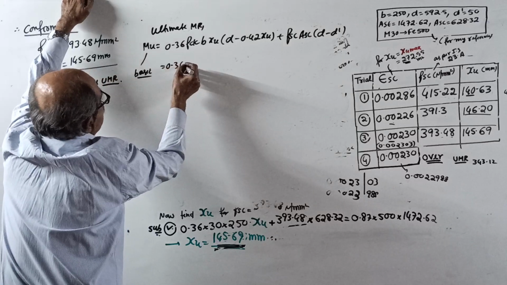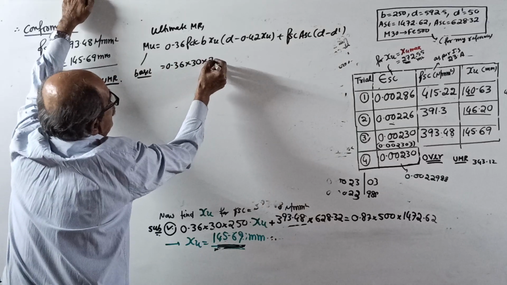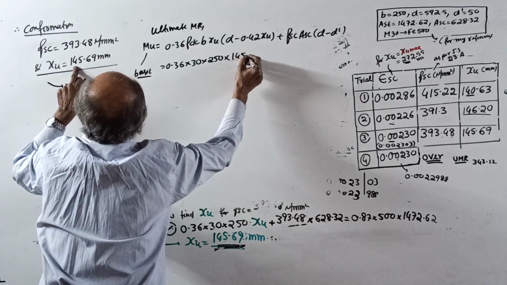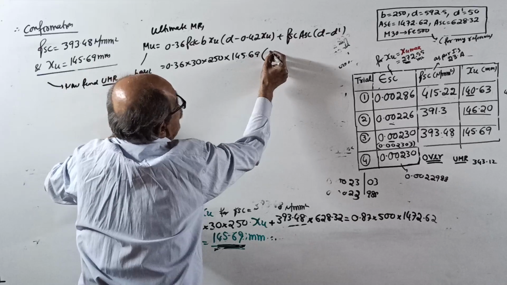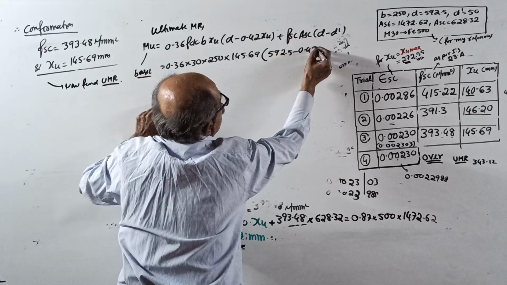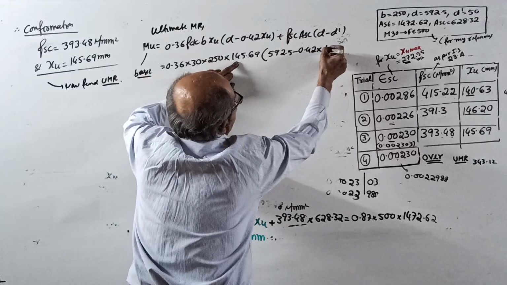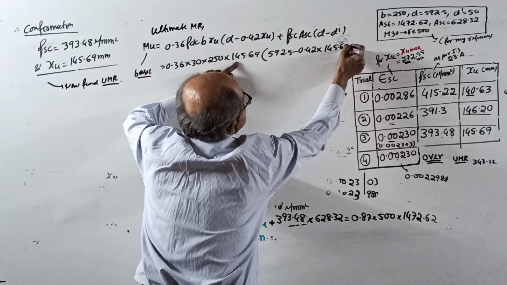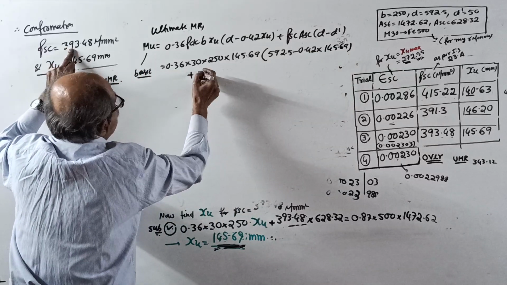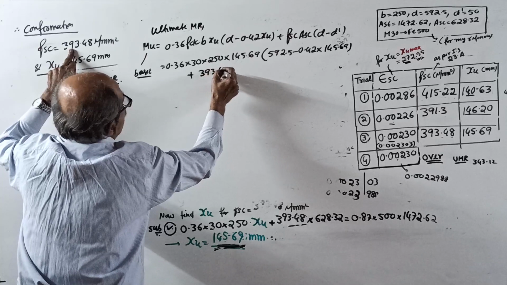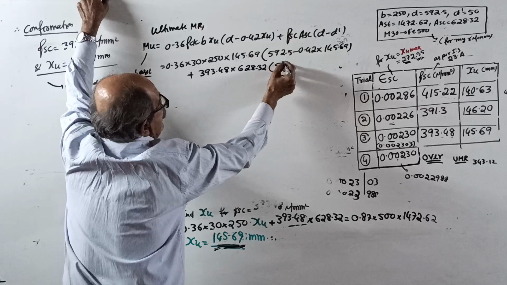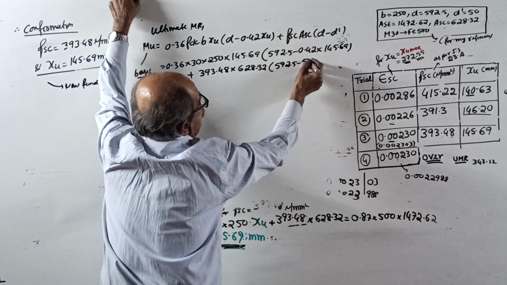That equals 0.36 into fck 30, b is 250, xu is 145.69 into bracket 592.5 minus 0.42 into 145.69, plus fsc 393.48 into 628.32 into 592.5 minus 50.